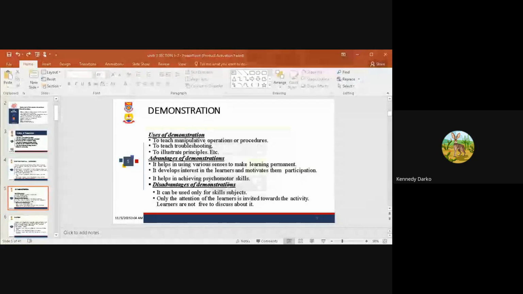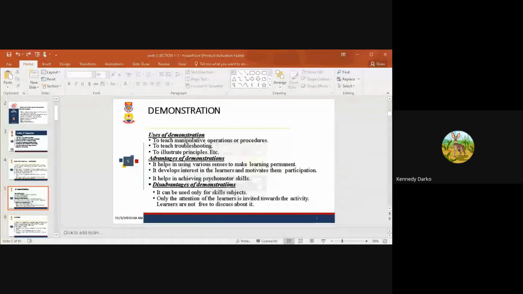In every good thing, there must be a disadvantage. So let's look at the disadvantage of a demonstration lesson. It can be used only for skill subjects. For instance, in science, we are looking at titration. It's a skill, how you put the base and then the acid for them to mix.